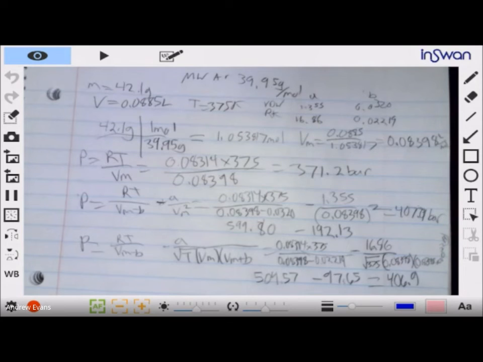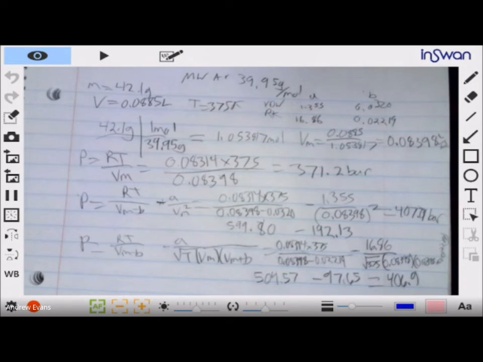So the final question is, are the attractive or repulsive forces prevailing under these situations? Well, you have to remember, attractive forces would decrease the pressure because they would not be pushing out as hard. So because the pressure is higher than the ideal gas pressure, repulsive forces are being favored under these conditions, adding additional pressure to what we would expect.